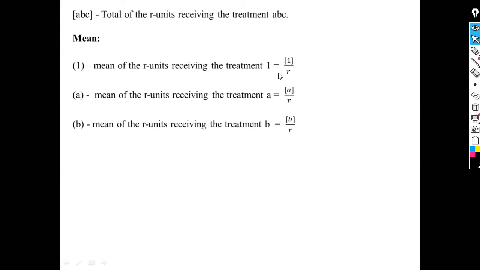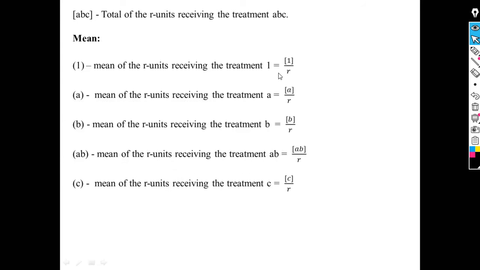Then open bracket B is the mean of the r units receiving the treatment B, and it is found with the help of the formula total for treatment B upon r. Then AB denotes the mean of the r units receiving the treatment AB, and it is total of AB upon r. Then C denotes the mean of the r units receiving the treatment C, and it is total for treatment C upon r. Then AC denotes the mean of the r units receiving the treatment AC, and it is total for treatment AC upon r.